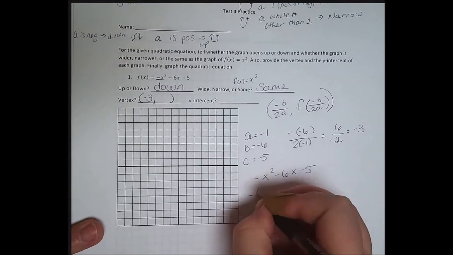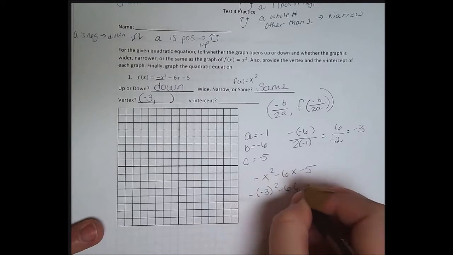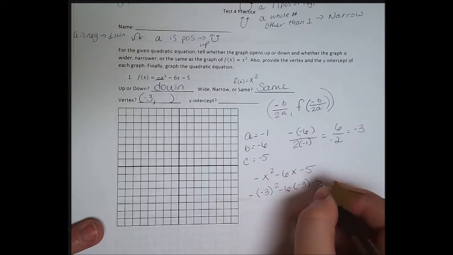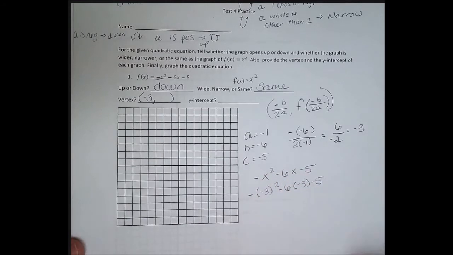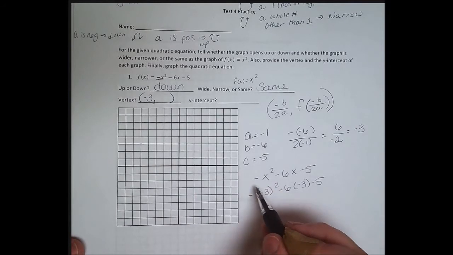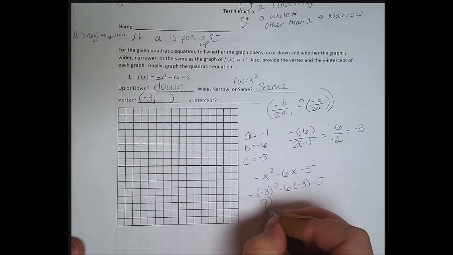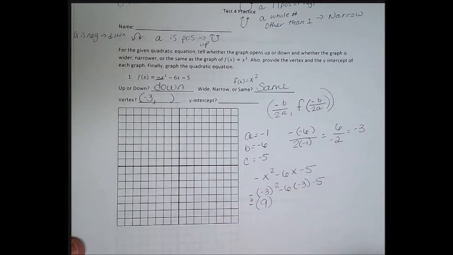Remember to use those parentheses. If you don't, you're going to get confused with your signs. Okay? So remember, your order of operations tells you have to do the exponents first before you can multiply. So we have to do negative 3 squared, which is positive 9, and then bring the negative down.